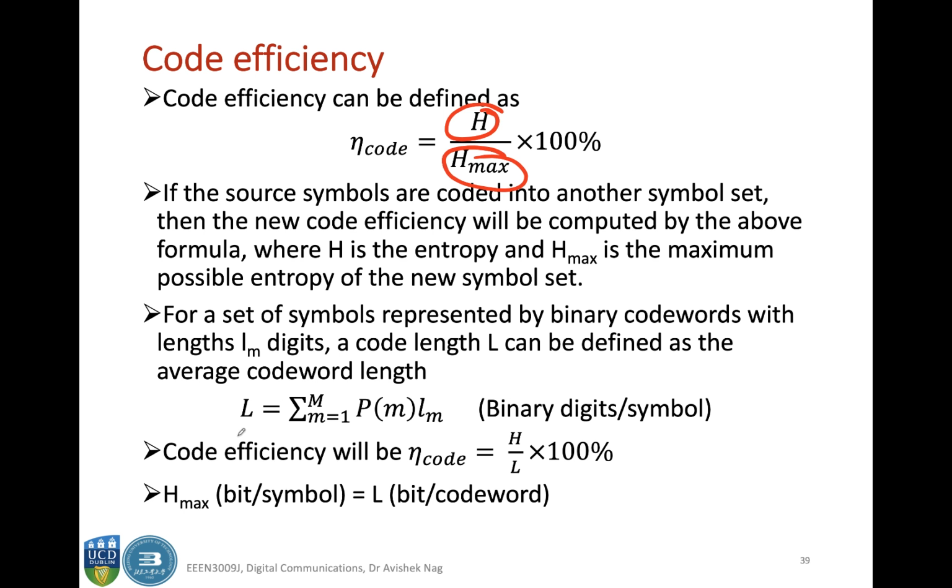So this capital L is basically the weighted sum of all the LMs weighted by the probability of the messages PM. Then code efficiency will be H over L times 100%. So basically your H max is equal to the capital L.